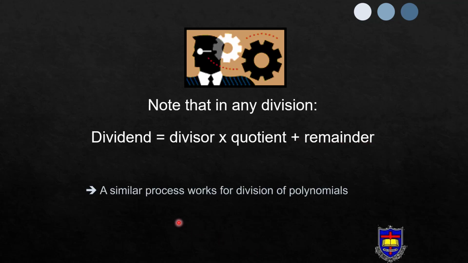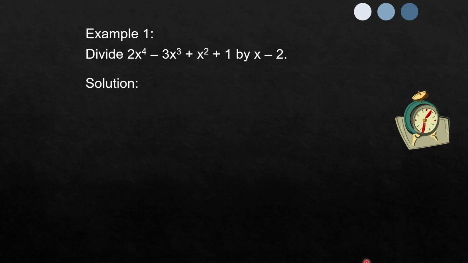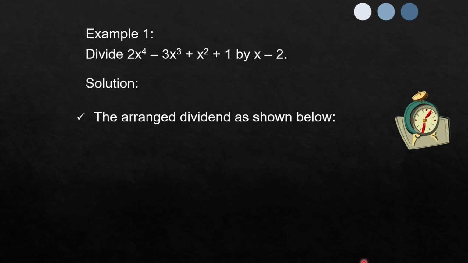So later, a similar process works for division of polynomials. Let's see example 1. Here, please divide 2x to the power of 4 minus 3x cubed plus x squared plus 1 by x minus 2. First, we will arrange the dividend as shown below.